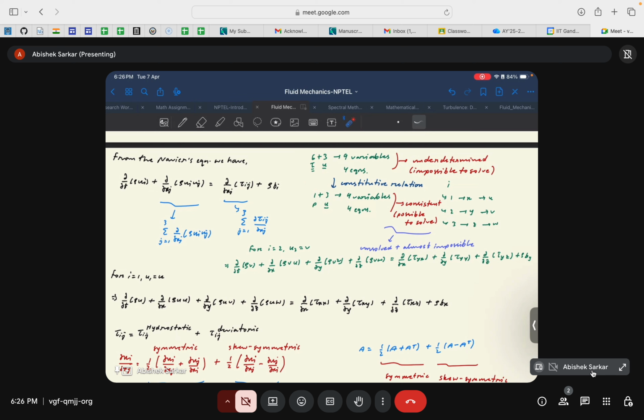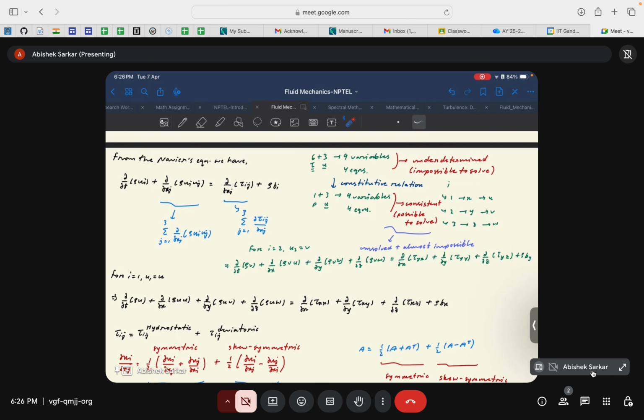Now the system is consistent and is possible to solve. I'm not saying we can solve it, but I'm saying it's possible to solve. But now again the problem is that even if you can claim the equation is possible to solve mathematically, till now the Navier-Stokes equation for a 3D velocity field is not solved.